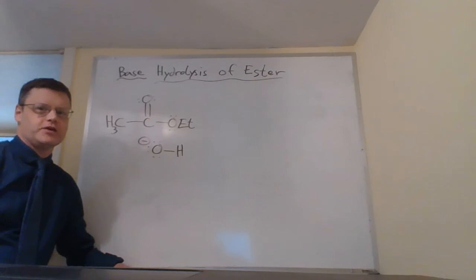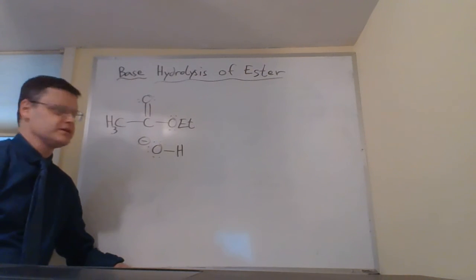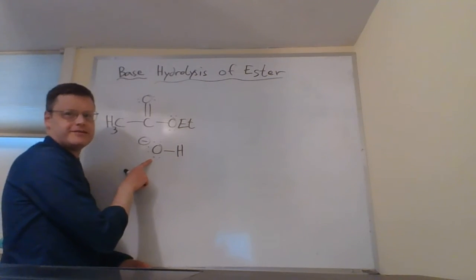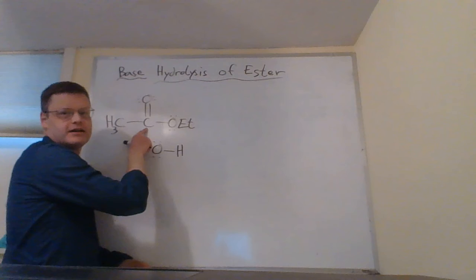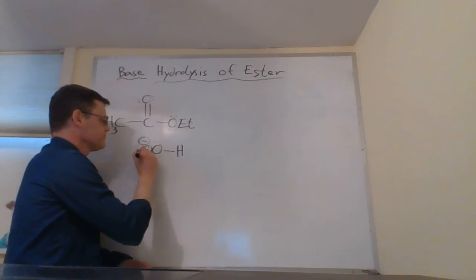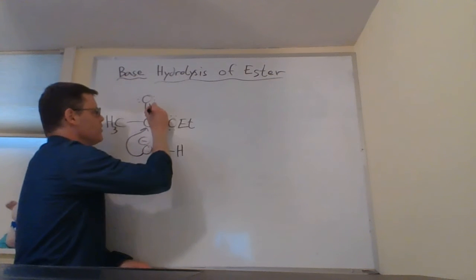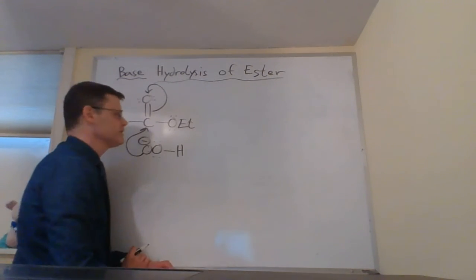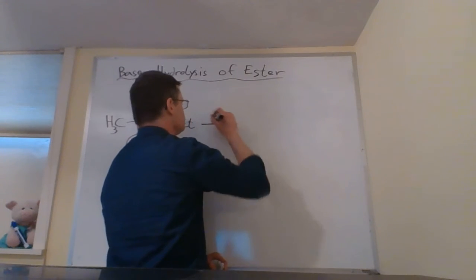I'm going to show you what this first step is. We've got a lone pair nucleophile. We've got an electrophilic atom here on this carbonyl. So we're going to have an attack on that. That's going to be a nucleophilic addition step.